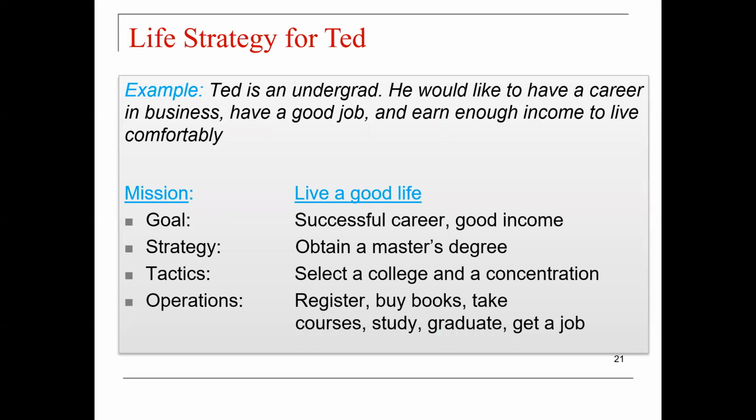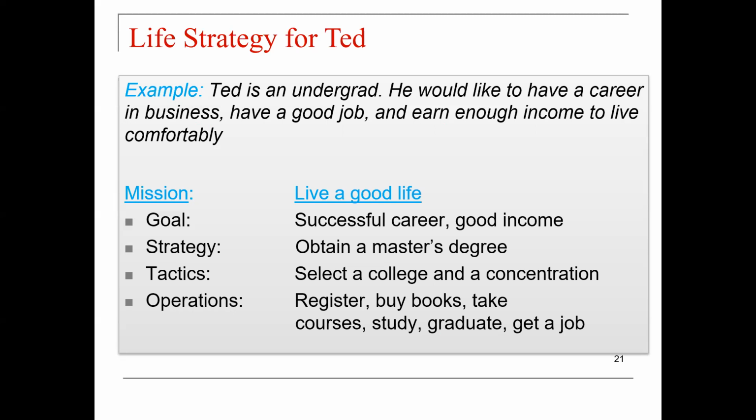So let's provide an example. This is what I call the life strategy for Ted. Ted is an undergrad. He would like to have a career in business, have a good job, and earn enough income to live comfortably. So we split this into the four areas. The mission is to live a good life.